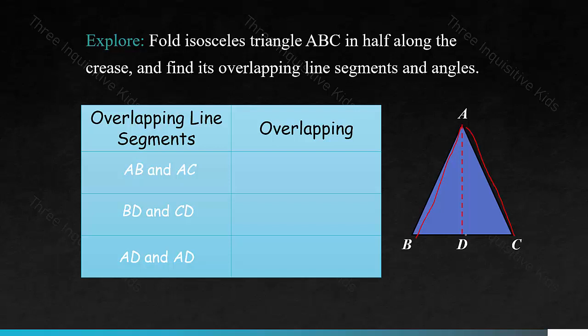You might say that they are the same line, but triangles ABD and ACD both share their line AD. Here it says overlapping angles. So angle B and angle C are overlapping angles. Angle BAD and angle CAD are also overlapping. And so are angle ADB and angle ADC.